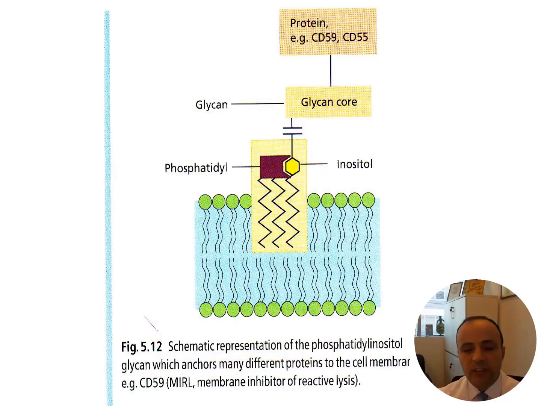So that's why you see a lot of lysis with PNH, because it does not protect itself from complement. And an easy test to perform to diagnose PNH, essentially you can do flow cytometry and look for expression of CD55, CD59 on the surface of the red cells. If it's absent, this is diagnostic of PNH.